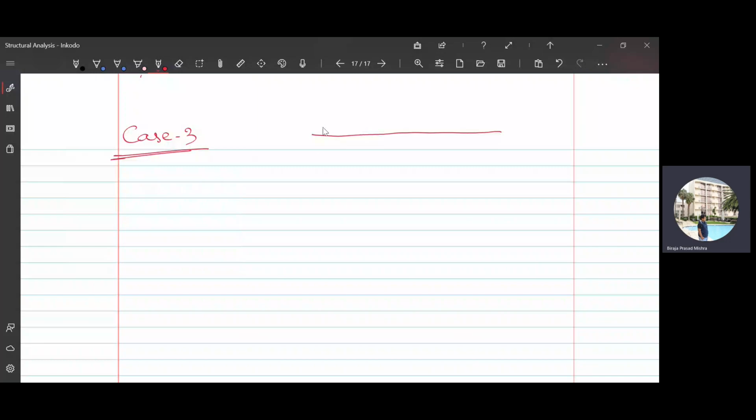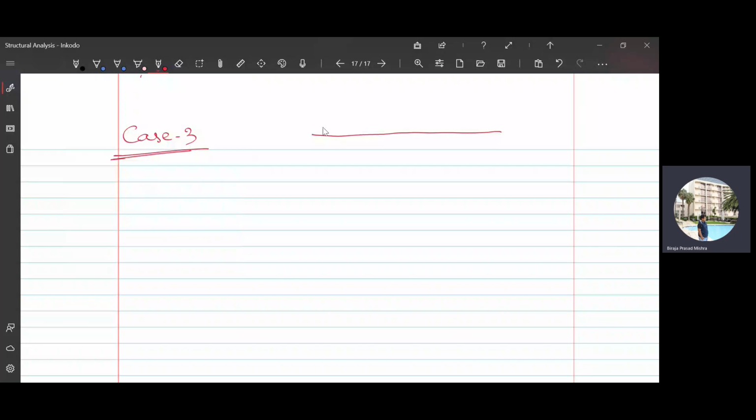Now, so this is case 1, or instead of case 1 I can write stage 1, and this is stage 2, because we are giving case or special case elsewhere.